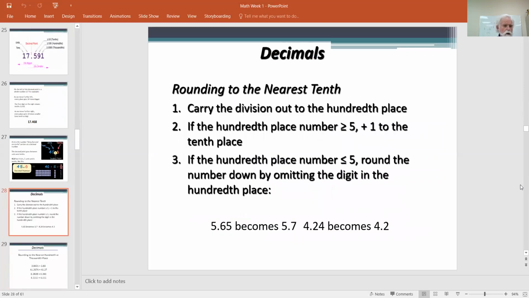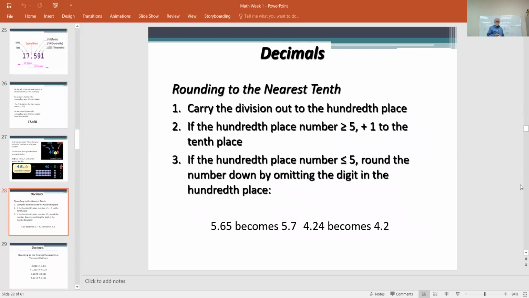Rounding. Our calculations can sometimes give us some fairly large numbers, and we can't just carry them out forever. If we divide 3 into 100, right, we're going to get a number that will go on forever. 3 into 100 is 33.3333, and it goes on forever.